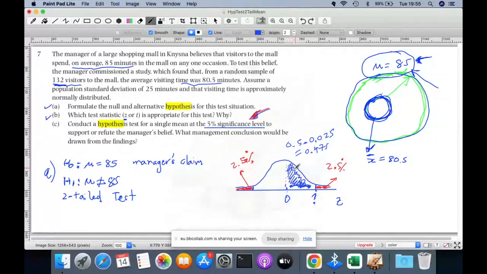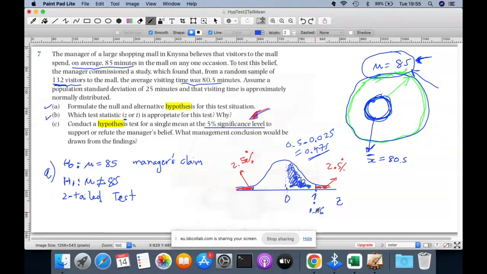So that's the blue area. So all you need to do is to go into your normal tables. Now you look at where the value inside the table is 0.475, and you trace back what the Z value is. And if you do that, you'll find the Z value here is 1.96.